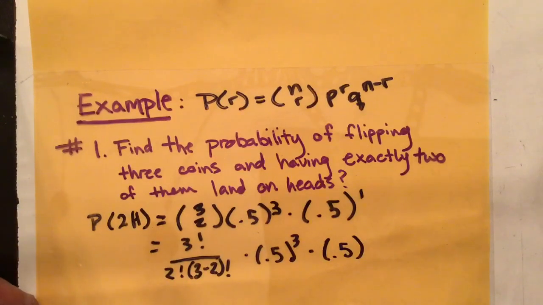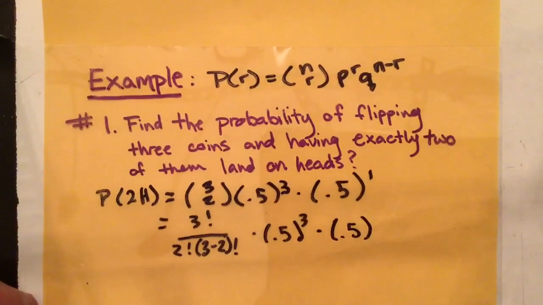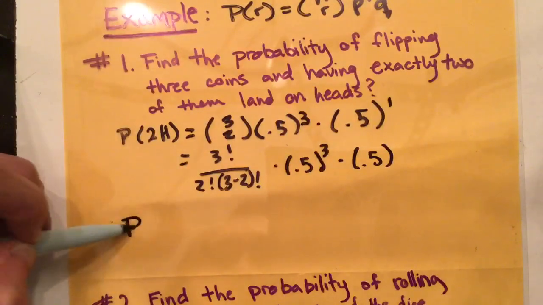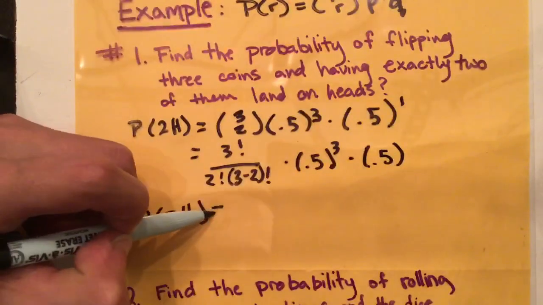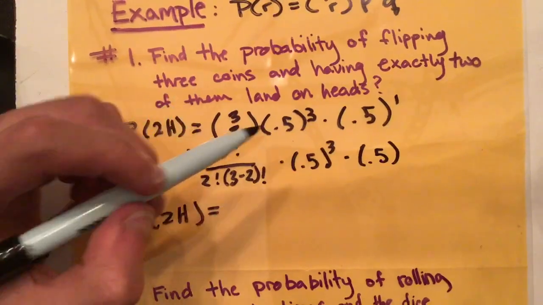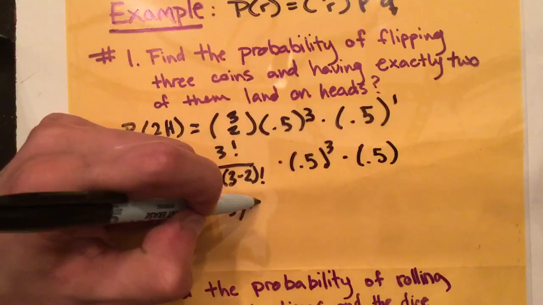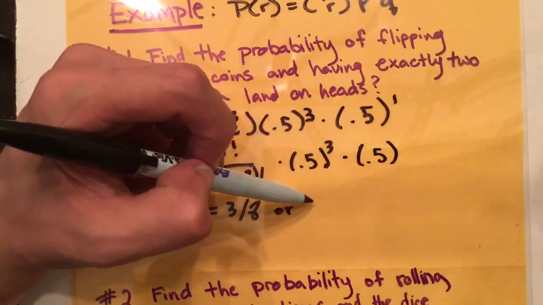Then you punch all that into your calculator, and we get the probability of getting exactly 2 heads from the 3 coin flips to be 3/8, or if you want to do that as a percent, 37.5%.